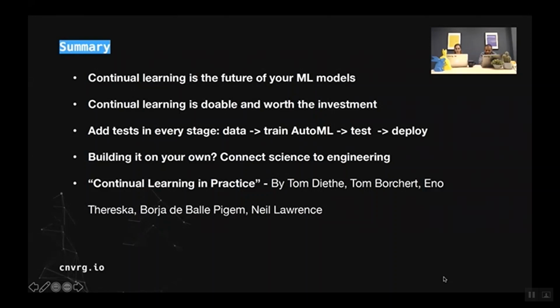Having an autonomous machine learning pipeline in production is awesome. Something you need to keep in mind is that you have to add tests in every stage of the pipeline. Having this autonomous pipeline is cool, but you have to test every step of the way: data, AutoML, testing, and deployment.